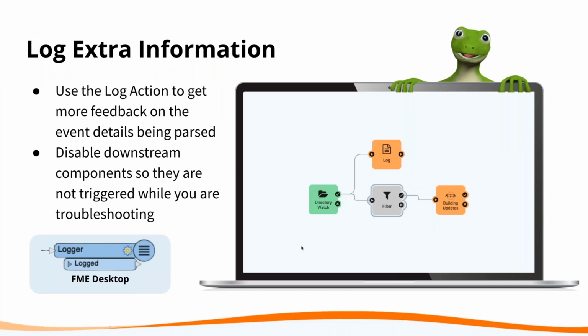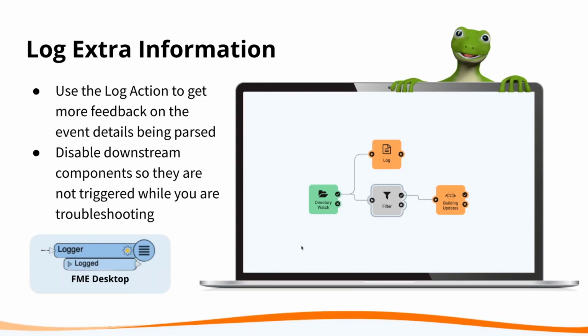So for the most part, automation and job log files should be descriptive enough for you to identify what went wrong when setting up an automation, but occasionally you might need to log further information to fully diagnose the issue. So in this case, the log action, which is an internal action, is particularly helpful for troubleshooting because it allows you to route specific keys or event messages to the automation log to help you understand how information is being stored and passed between nodes.